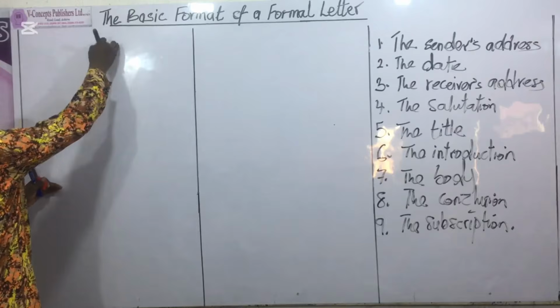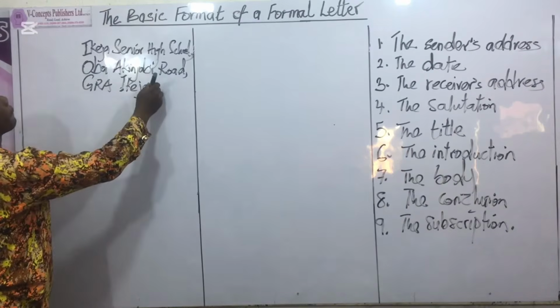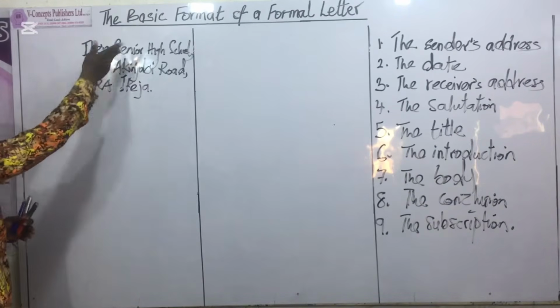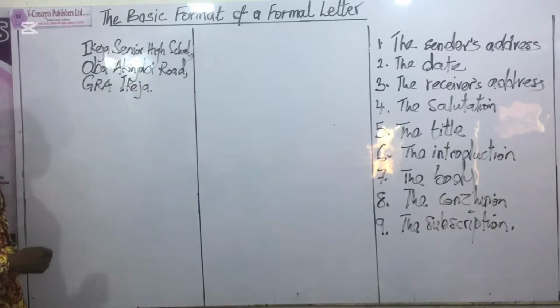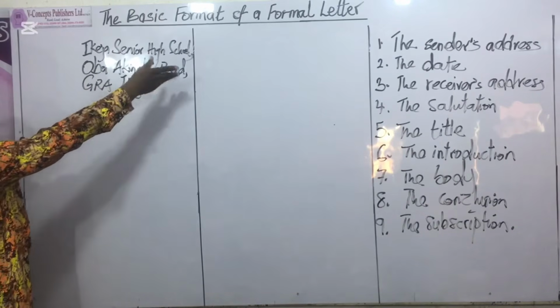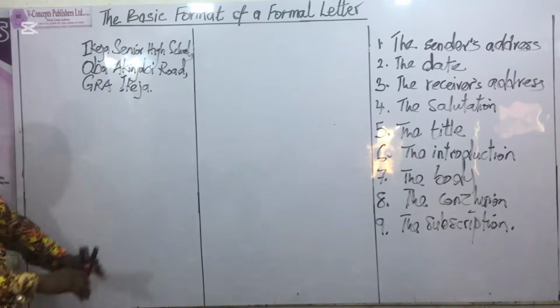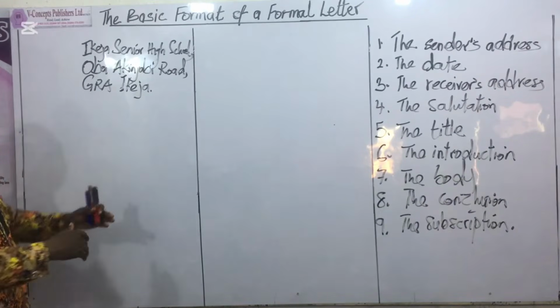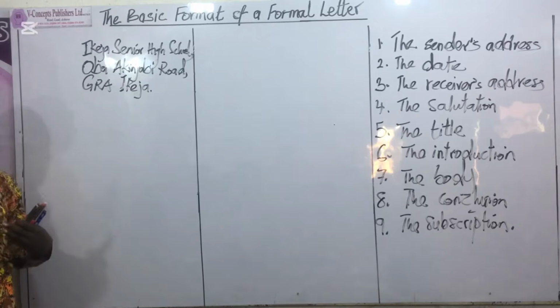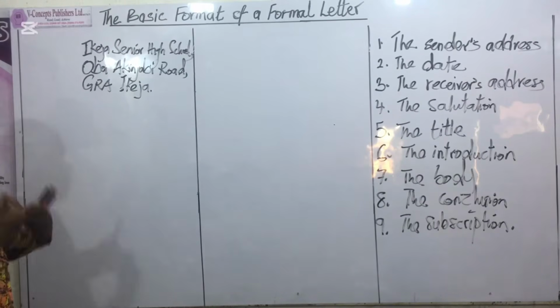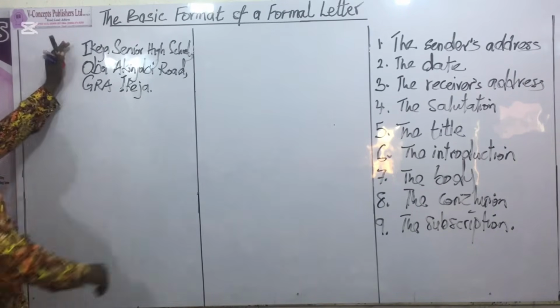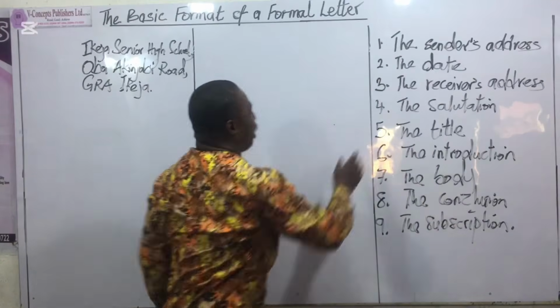You say, Ikeja Senior High School, comma, Oba Akinjobi Road, comma, GRA Ikeja. That is in the context of a letter that is going within the same state, Lagos, for example. So this is the sender's address.